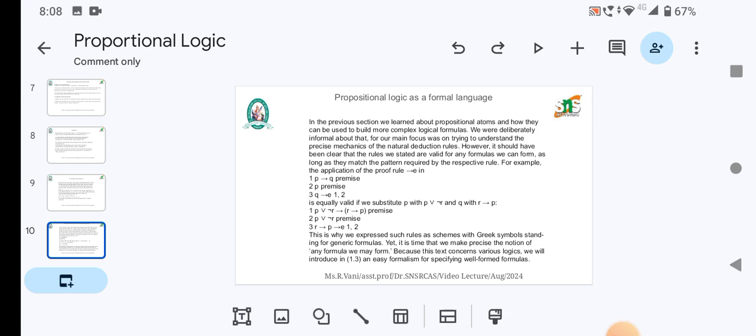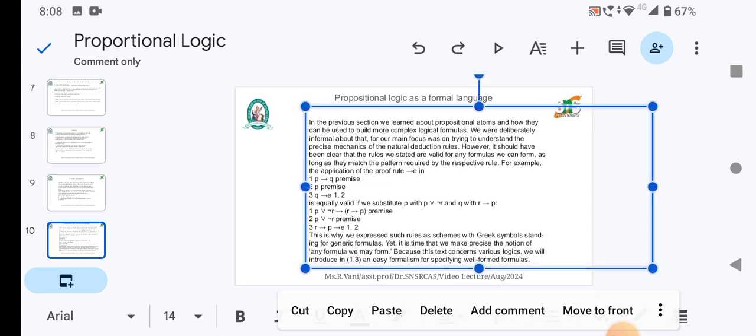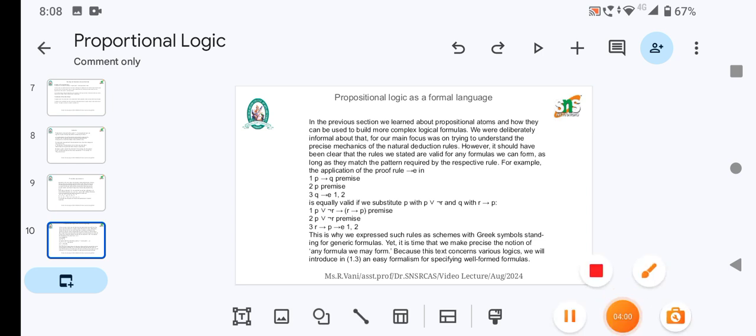Because this text contains various logics, we will see which forms are well-formed formulas. We can see a step-by-step process of a formula in the upcoming sessions.